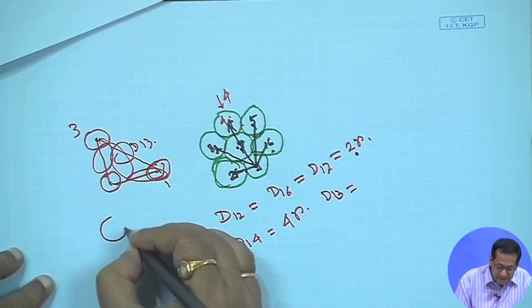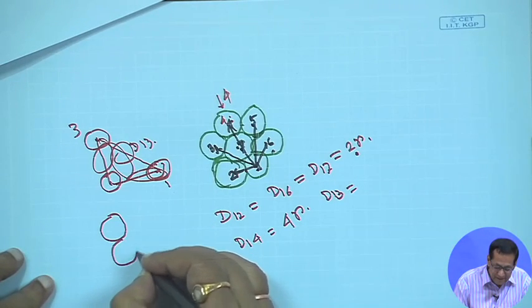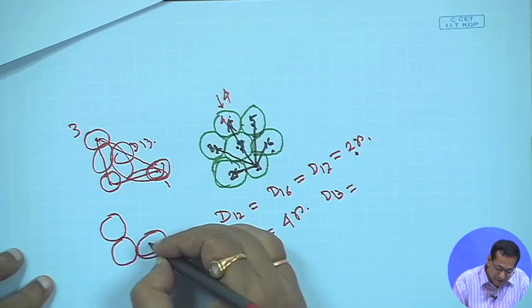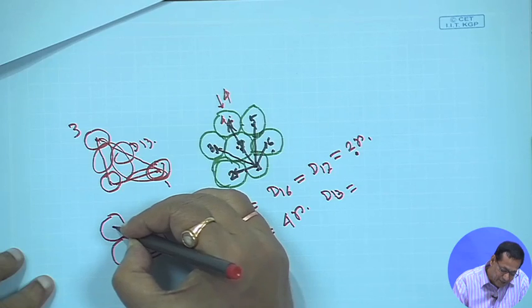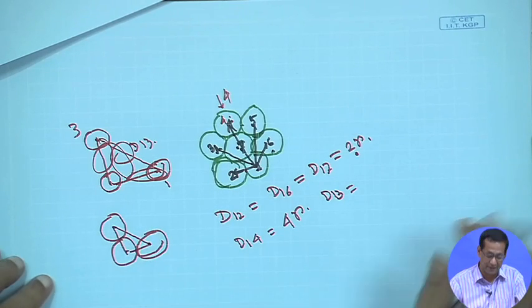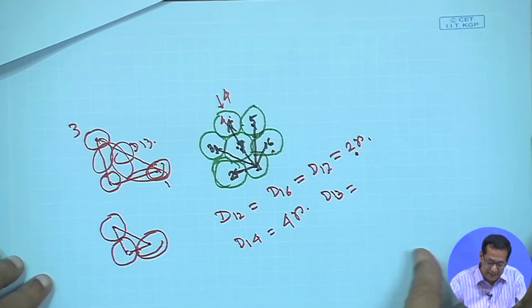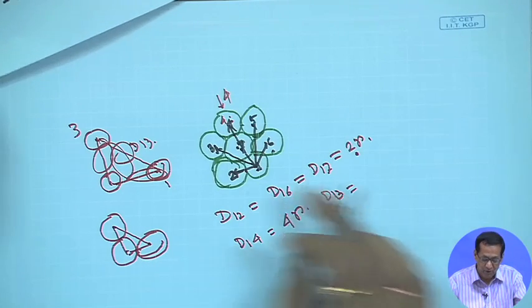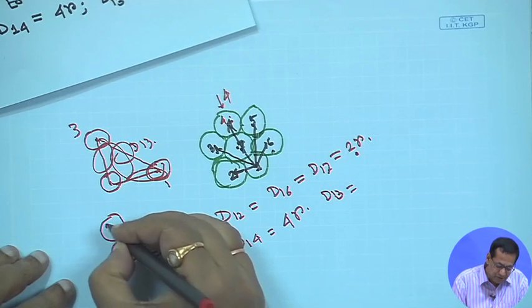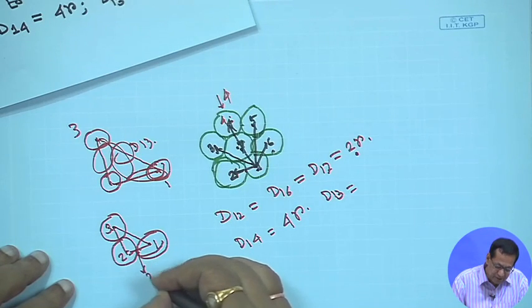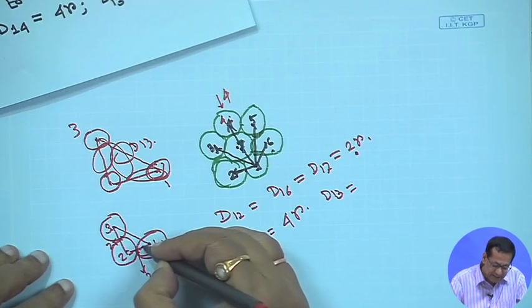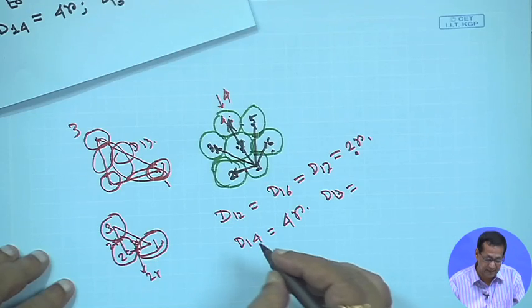So, this is 1, and here to here 1 to 2 is 2r; this is 1, this is 2, this is 3. Similarly, 2 to 3 is also 2r, and this angle is 30 degrees.